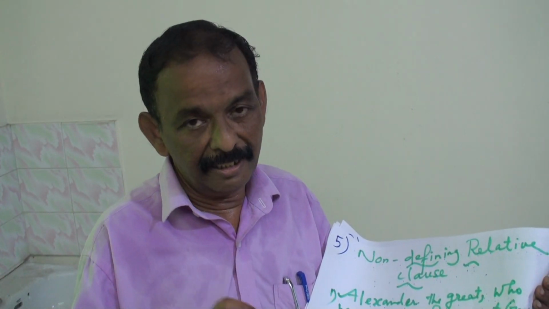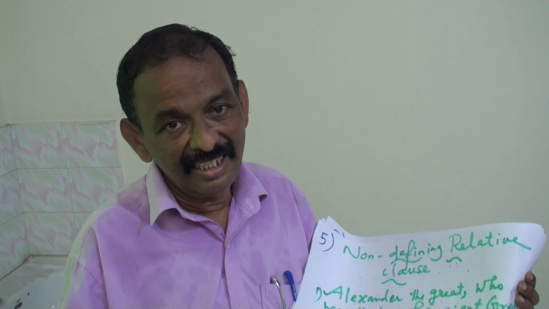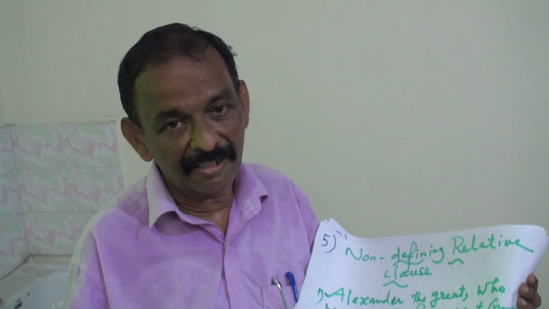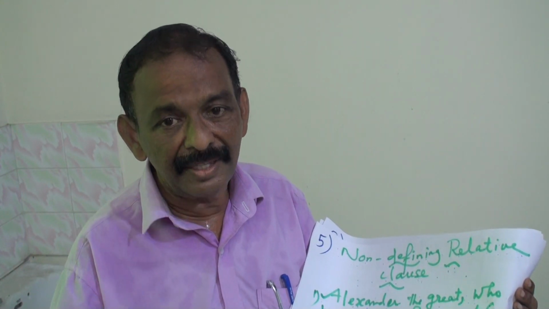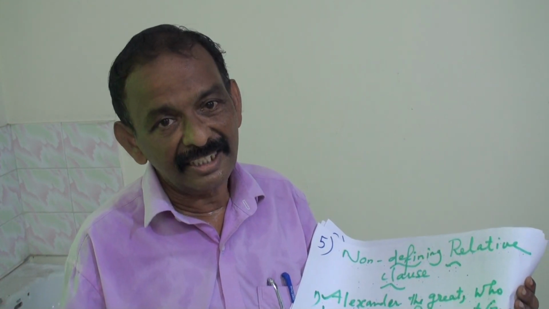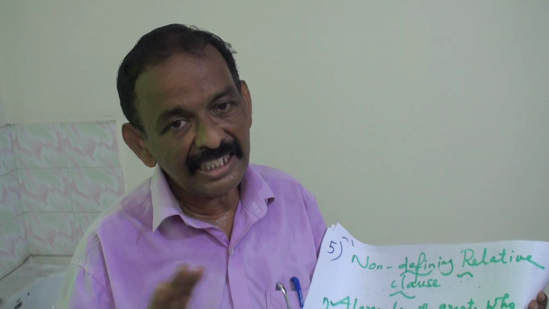The next is non-defining. You have already studied about the defining clause. Defining relative clause means that the clause should say something new, it must define what it is about. That is the defining clause.